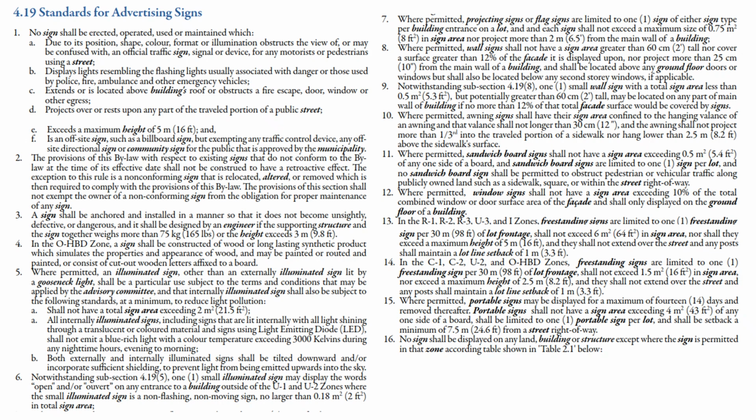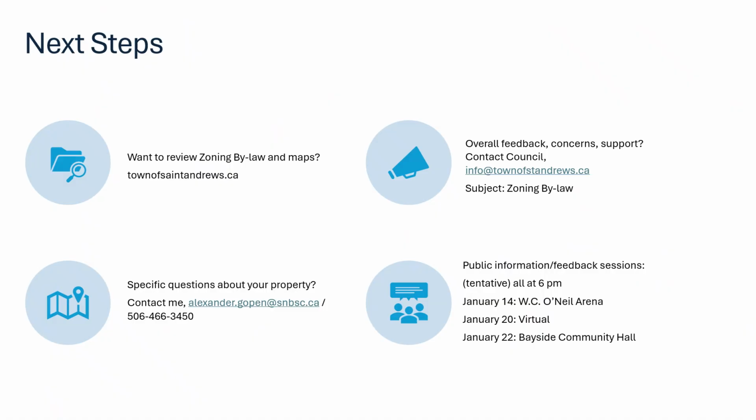So this talks about how big signs can be, where they can be located, how much they can project, how tall they can be, things like that. There are certain limitations on how long portable signs can be displayed. But I'm not going to read through everything. Again, if you have questions, you are welcome to get in touch.